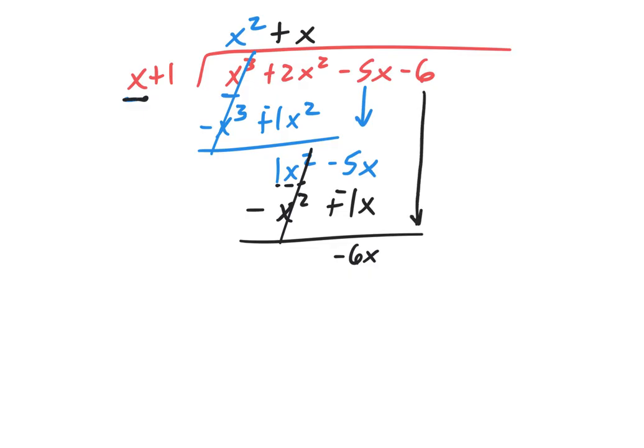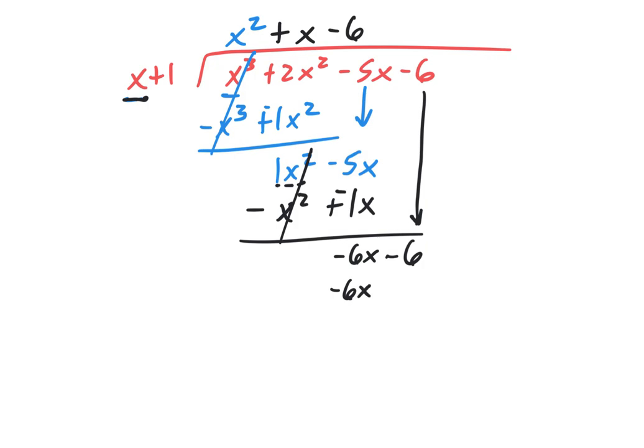We got one more term that we got to bring down. And we're going to go through this one more time. Okay. x times what gives me negative 6x? Negative 6. So that's going to come up here. We're going to take this negative 6 and distribute it to these two pieces.